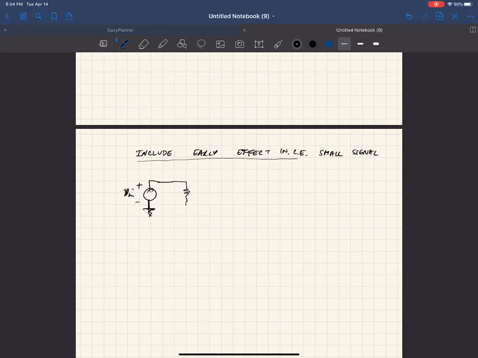This v should be a lowercase v, implying that it's small signal. r is a lowercase r, again small signal, r sub pi, v sub pi. The emitter sits on the AC ground, and this is the gm v sub pi, which is also connected to this AC ground.